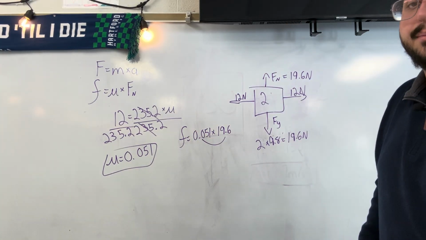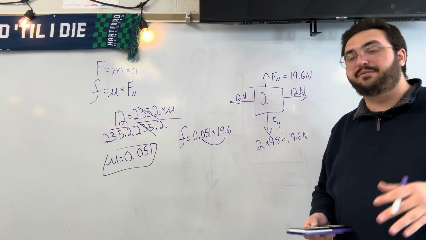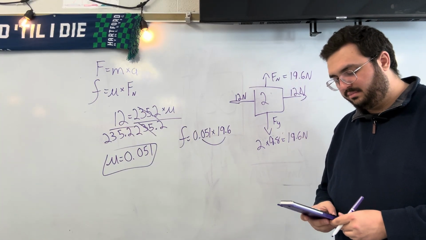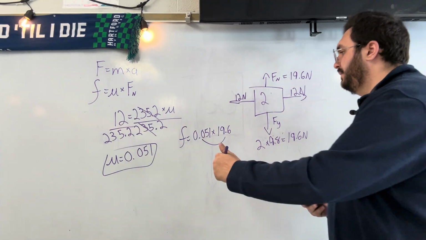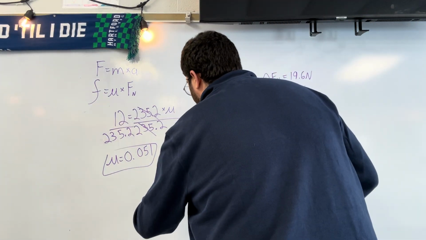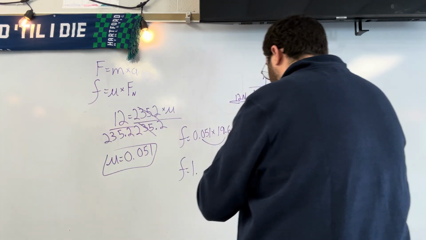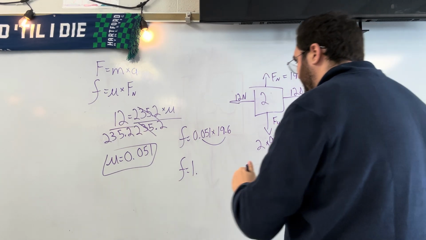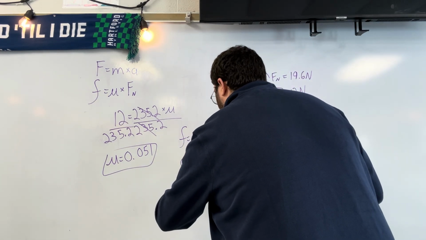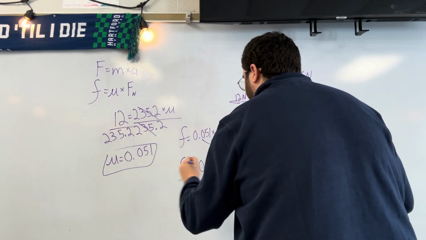And I will say I'm going to be using the exact value for coefficient of friction, so your answer may come out a little bit different than mine. What we get is force of friction is equal to 1.00000008 Newton.